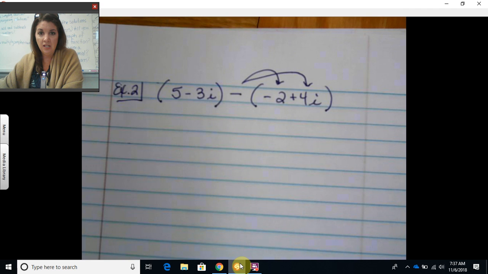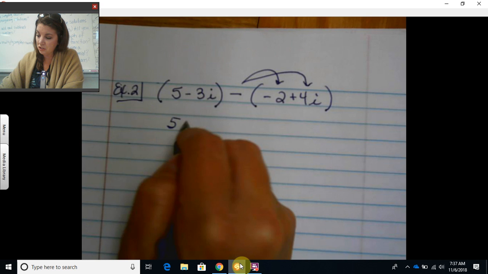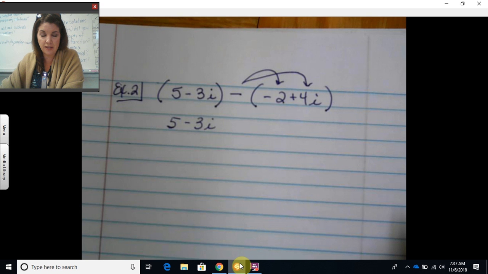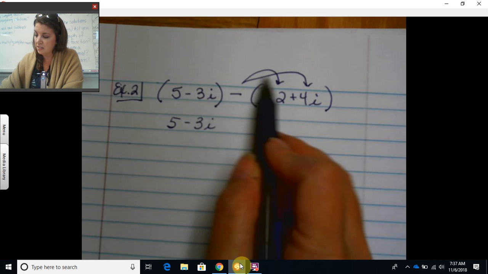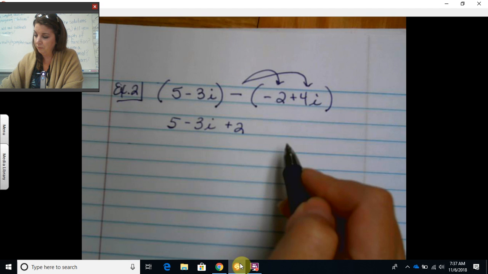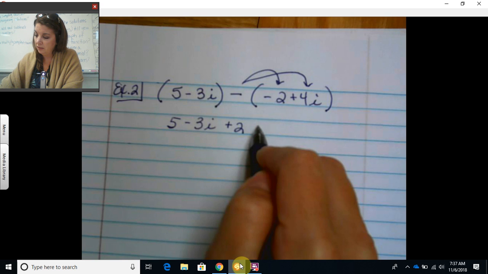When I distribute the negative, is that going to change anything in the parentheses? Yeah, when you multiply by a negative, it changes the sign, right? First set of parentheses, it's just 5 minus 3i, nothing to distribute, no exponents, nothing like that. Second set, negative times negative 2 is positive 2. Negative times positive 4i, negative 4i.